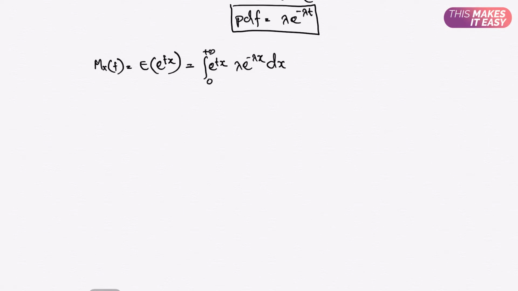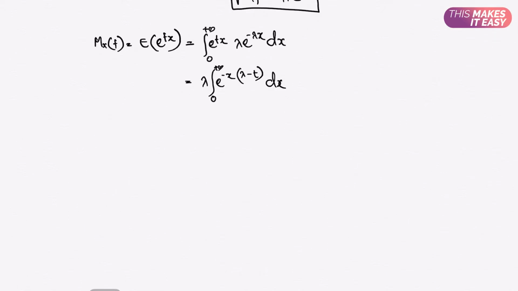Now I am going to apply some algebraic operations on this, so please note carefully. I am taking lambda outside, then e to the power minus x times lambda minus t, dx. Now I am dividing and multiplying by the same thing, lambda divided by lambda minus t, and I am multiplying as well.